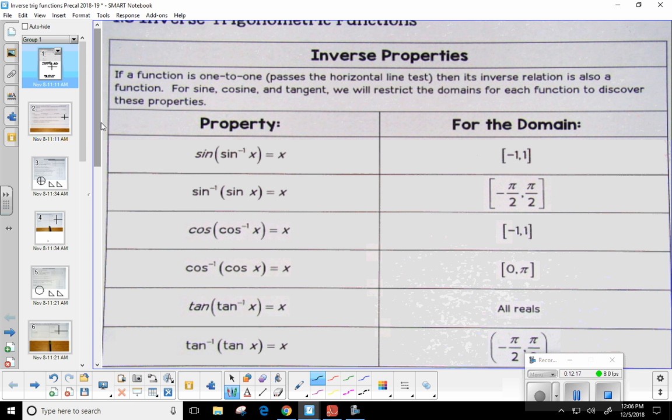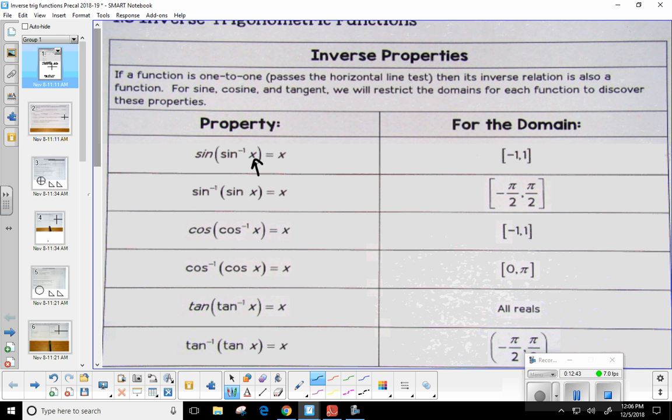So for example, sine of sine inverse of x. What would I put in here? Does this x represent an angle measure or a ratio? It's a ratio because I'm plugging it into an inverse. You only plug ratios into an inverse trig function. You only plug angles into a normal trig function.